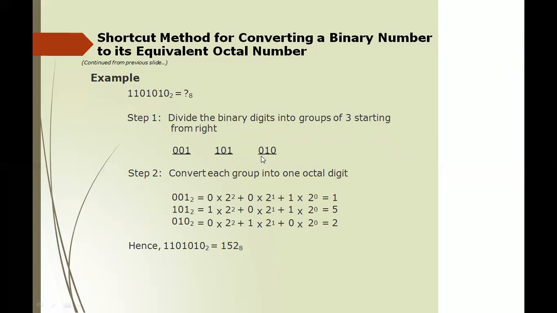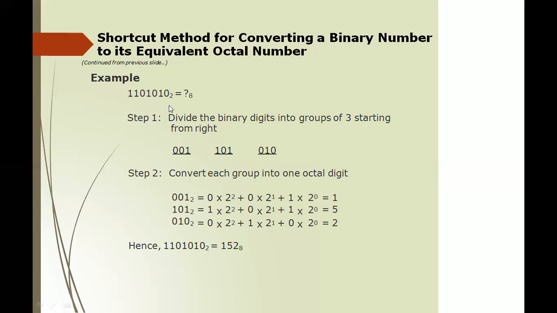That's why we take 3 digits of the binary number, and write the position value of these 3 digits, and by converting this value, we get the number 152, and it's in the octal number system.